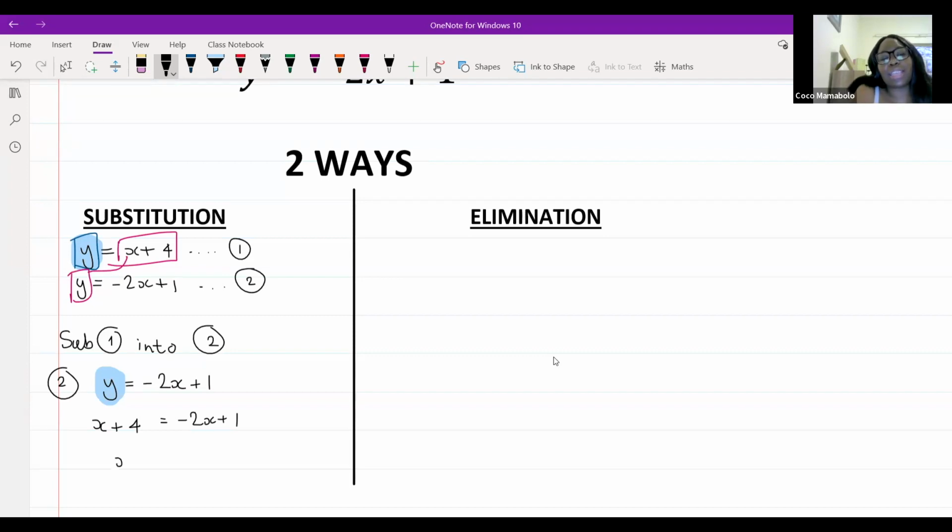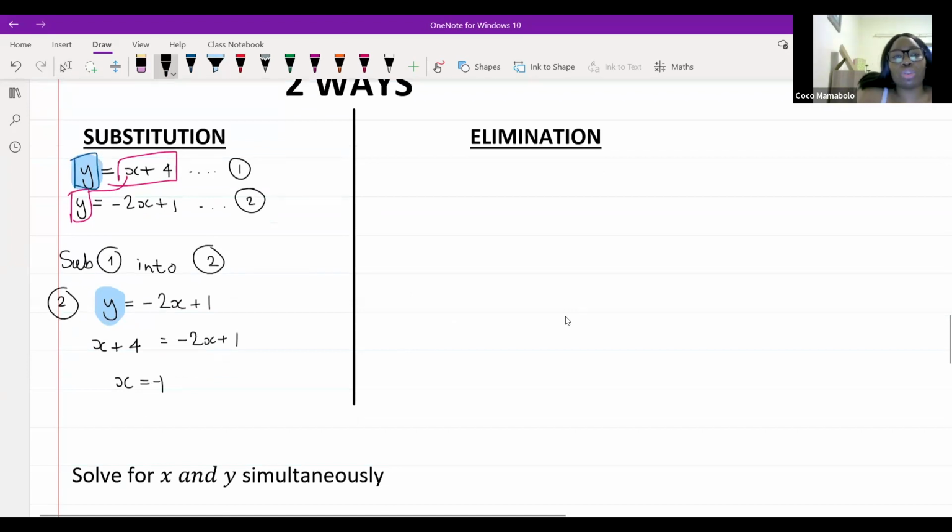So this means that x is then equal to negative 1. But we are not done, because the question wants us to solve for both y and x. Right now, we've only got an answer for x. So I'm going to go back into equation 1, and I'm going to sub in what x is. So I'm going to have y is equal to -1 plus 4, and therefore y is equal to 3. And there we go. We have both answers.